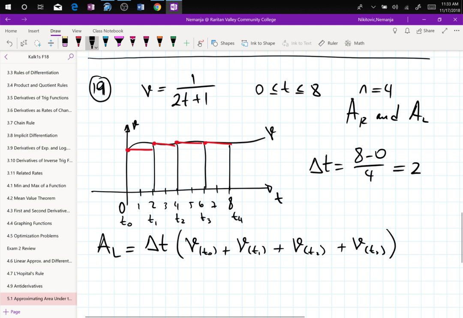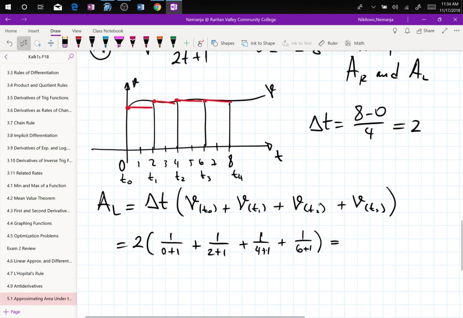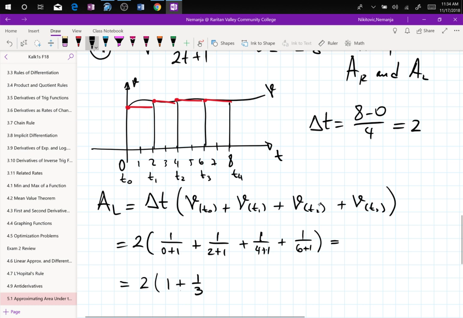So what do I have? I have 2 times, because delta t is 2, and then I have to plug in t0 and so on, so I have 1 over 0 plus 1, plus 1 over 2 plus 1, plus 1 over 4 plus 1, plus 1 over 6 plus 1. That's 2 times 1 plus 1/3 plus 1/5 plus 1/7.